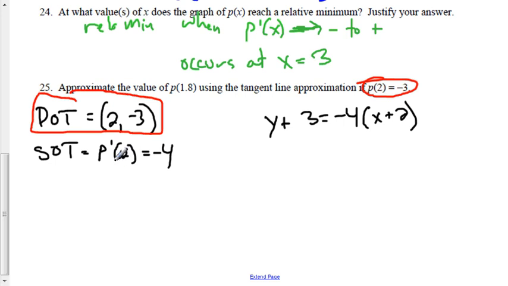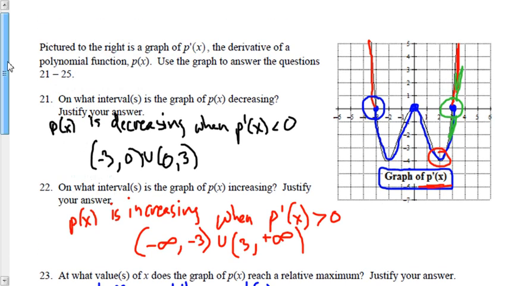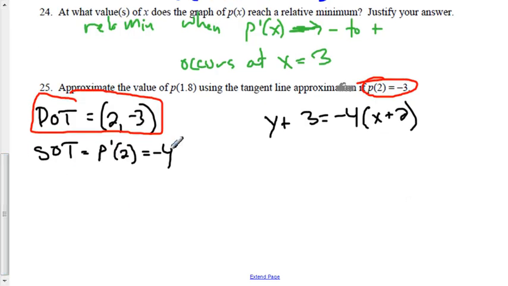I know that the derivative at 2 is equal to negative 4. Oh, I meant to come up to this chart. So when x is 2, y is negative 4. Remember, this is the derivative. That's the value of the derivative. We're not taking the slope of the line. This is the slope of the line of the original function. Okay, so that's what I know.